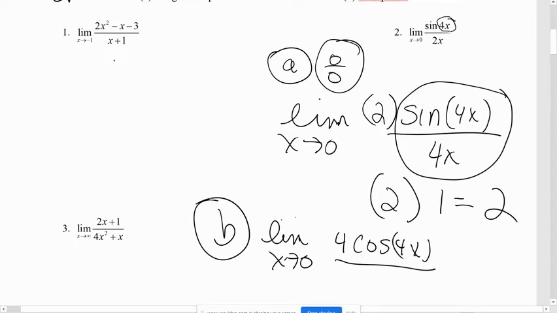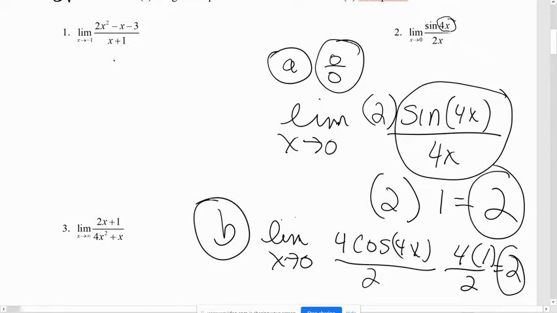And then the derivative of the bottom, which is just 2. Okay, so if I substitute in 0 now, I'm going to get 4 times the cosine of 0. And the cosine of 0 is actually 1. So this becomes 4 times 1 over 2, which is 2. And that matches that, which again, it should.